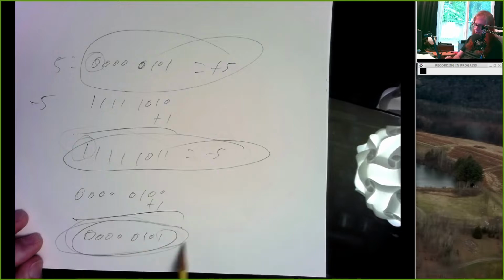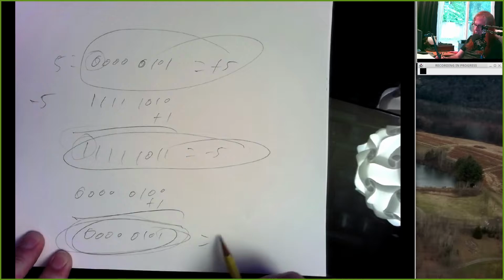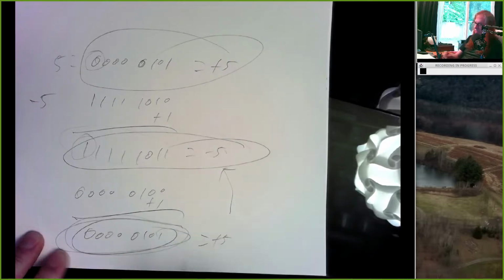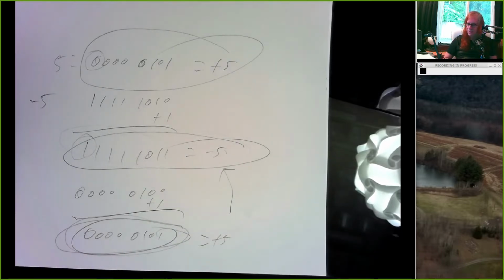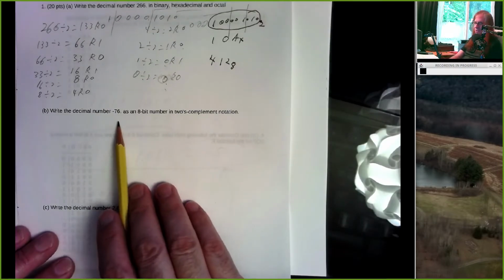That will give you a representation for negative this. Well, since this is equal to positive 5, that tells me this was negative 5. So there were some people on this question that began by writing negative 76 in binary somehow, and then toggled all the bits and added 1. And so the answer they put down was the expression for positive 76.